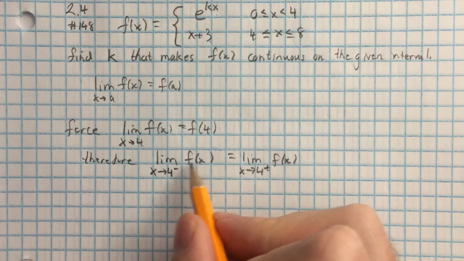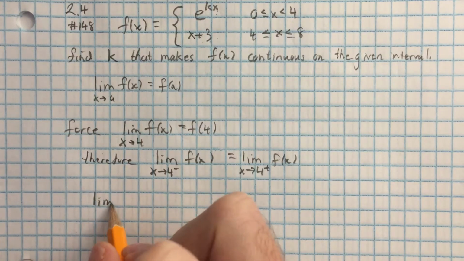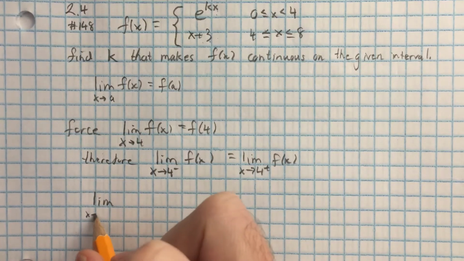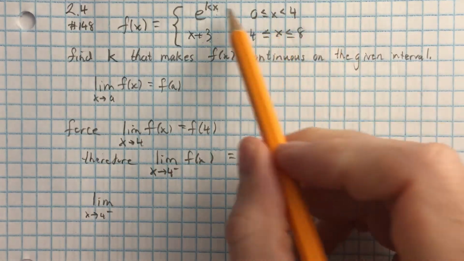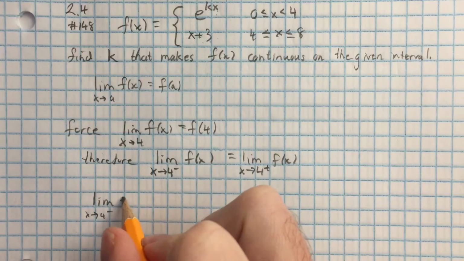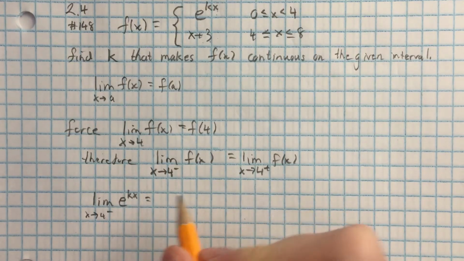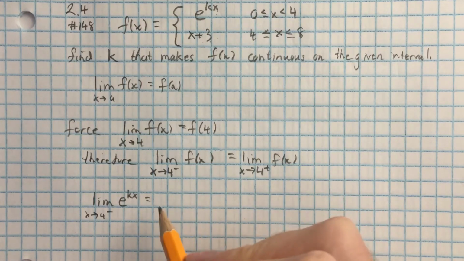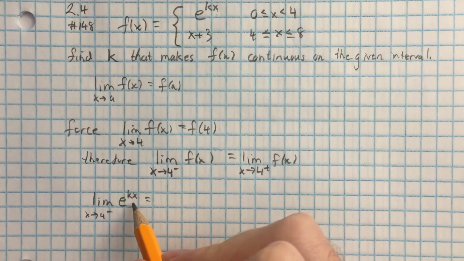So let's see, the limit of f of x as x approaches 4 from the left will look like this. What curve am I on? I must be on the e to the kx curve. So e to the kx. Now, e to the kx is continuous on its domain.